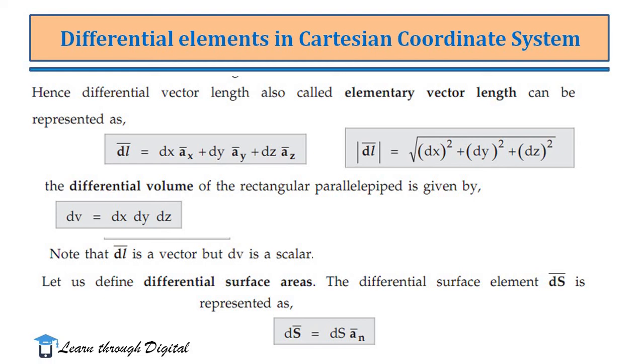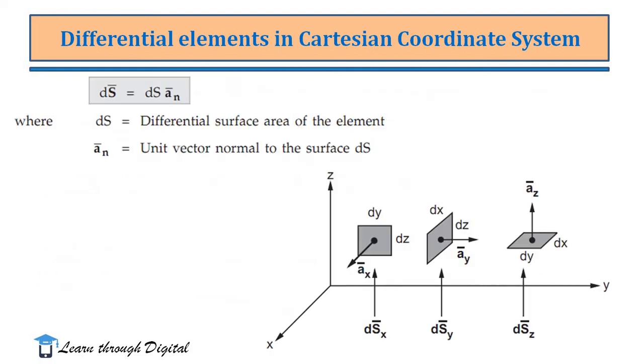Let us define differential surface areas. The differential surface element ds vector is represented as ds vector equals ds an vector, where ds is the differential surface area of the element and an vector is the unit vector normal to the surface ds. Various differential surface elements in the Cartesian coordinate system are illustrated in this figure.